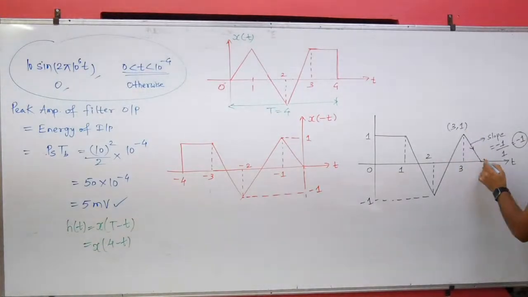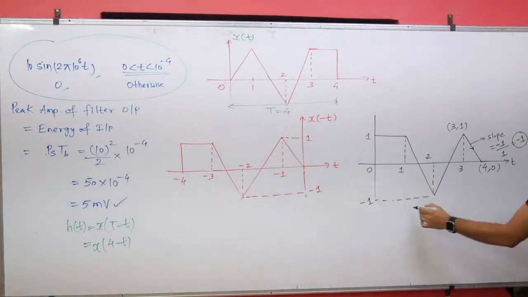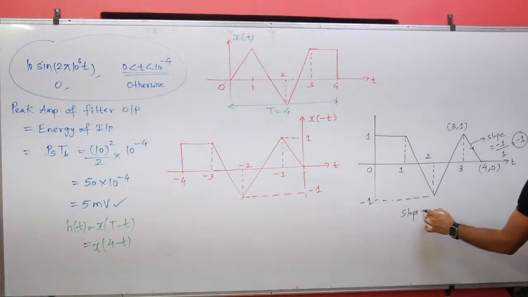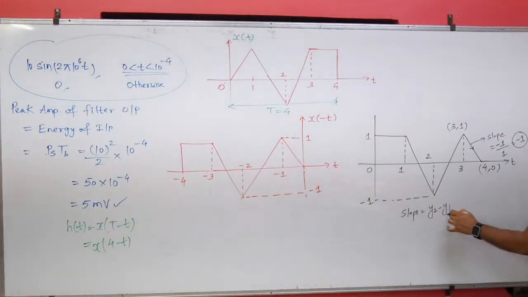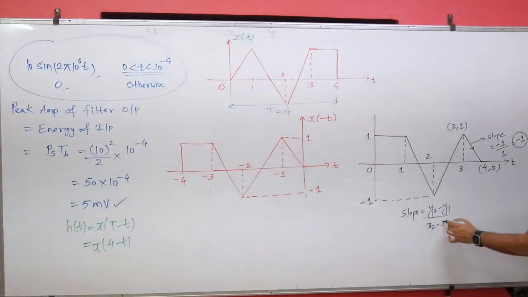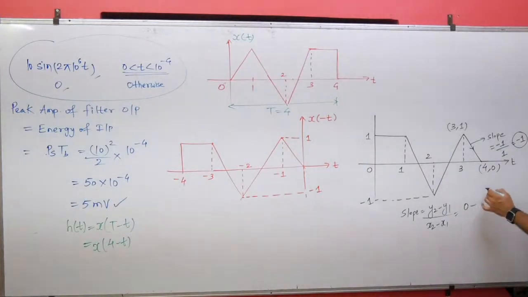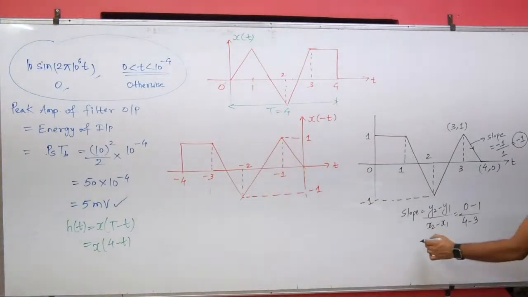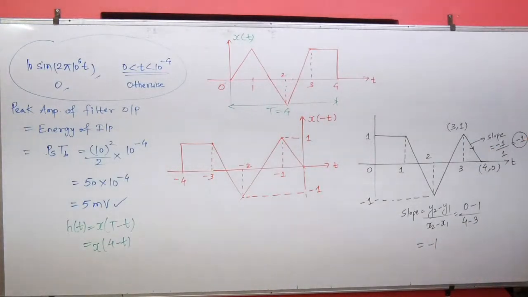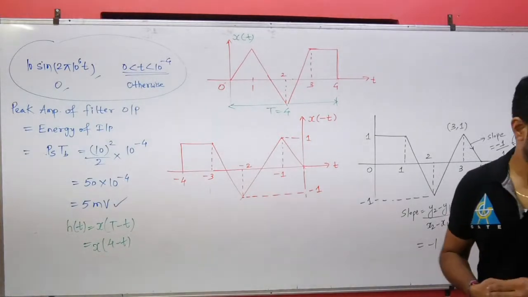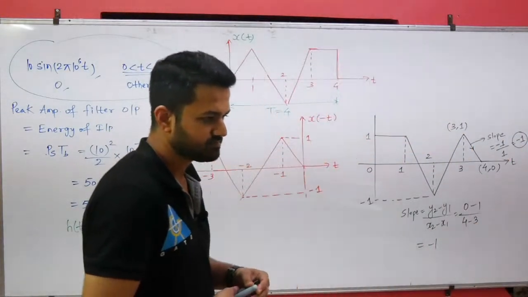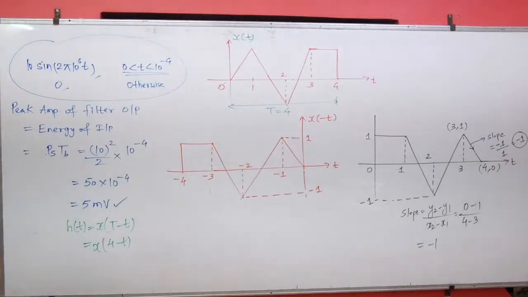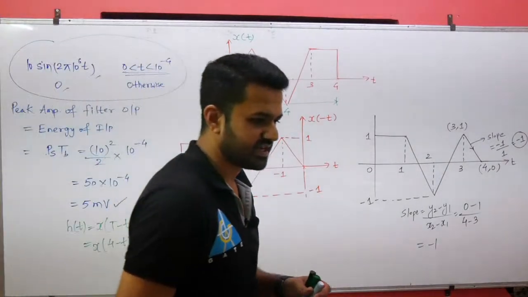For those who are not able to calculate this slope, the points are (3, 1) and (4, 0), and the slope is y2 minus y1 divided by x2 minus x1. y2 is 0, y1 is 1, x2 is 4, x1 is 3, so we get -1. So the slope is -1. All of you have given the correct answer, which is very good.